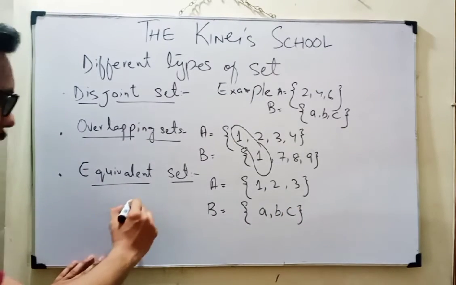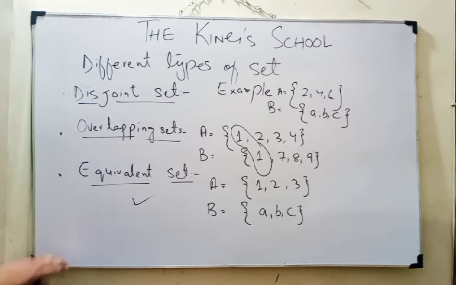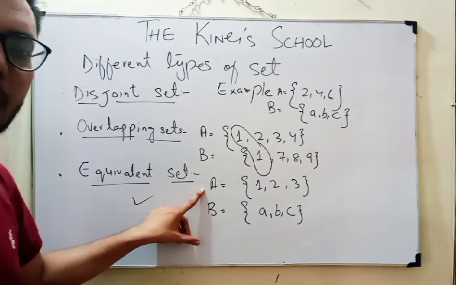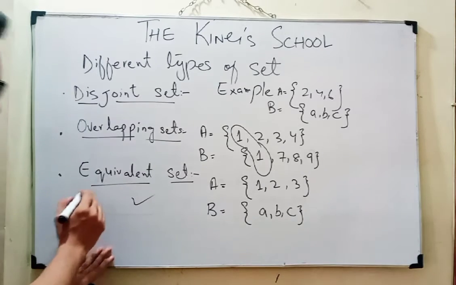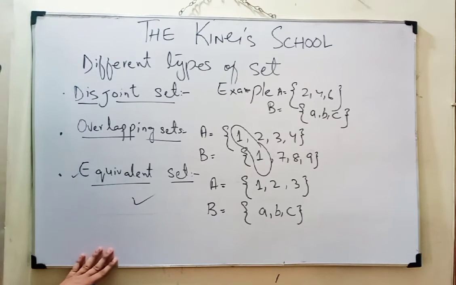This is an example of an equivalent set because the number of elements should be equal. In set A we have 3 elements, and in set B we again have the same 3 elements. So we can say that it is an equivalent set.